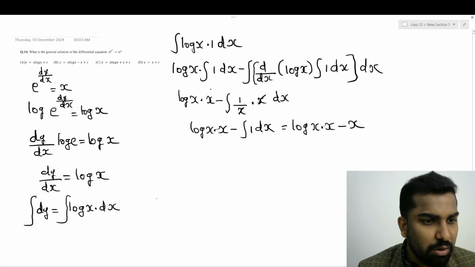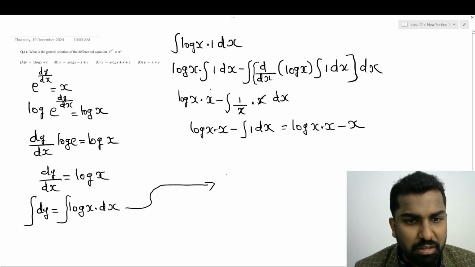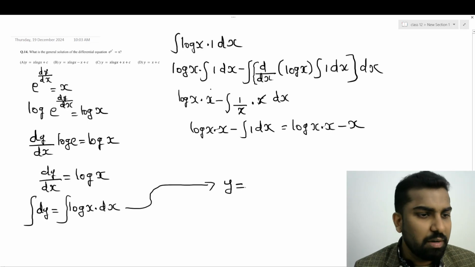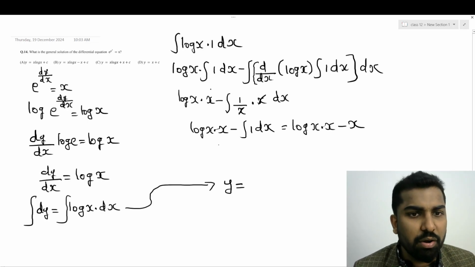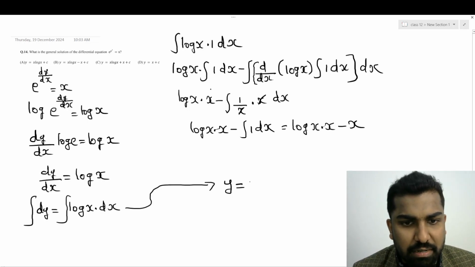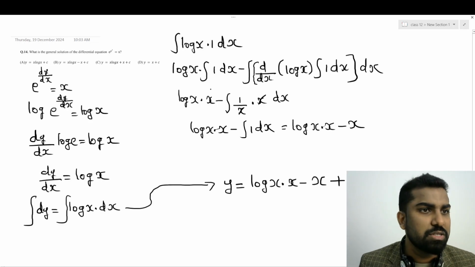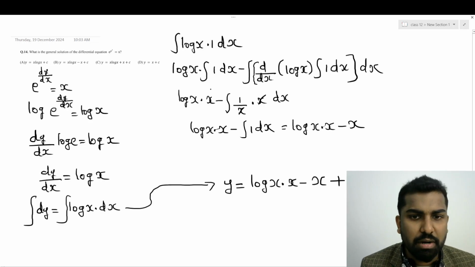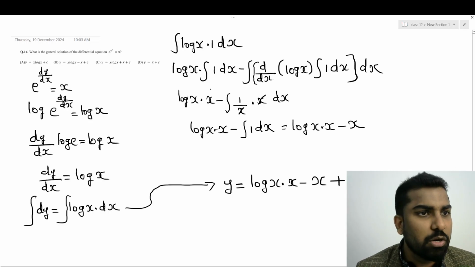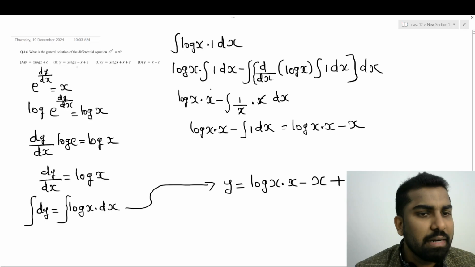Now the integral of dy will be y, which equals the integral of log x, which I can write as x log x minus x plus the constant of integration. If you observe the options, log x into x is the same as x log x.